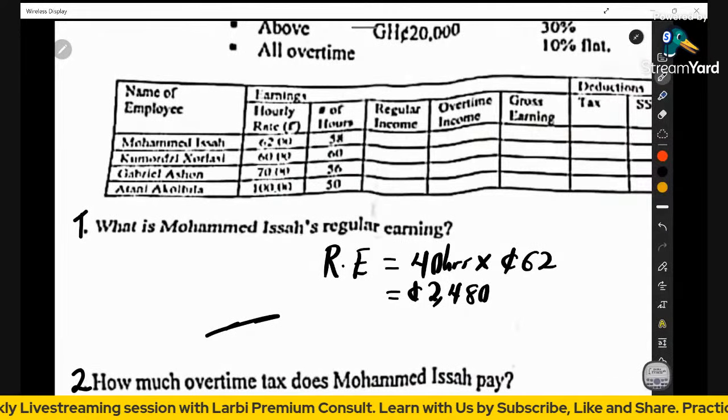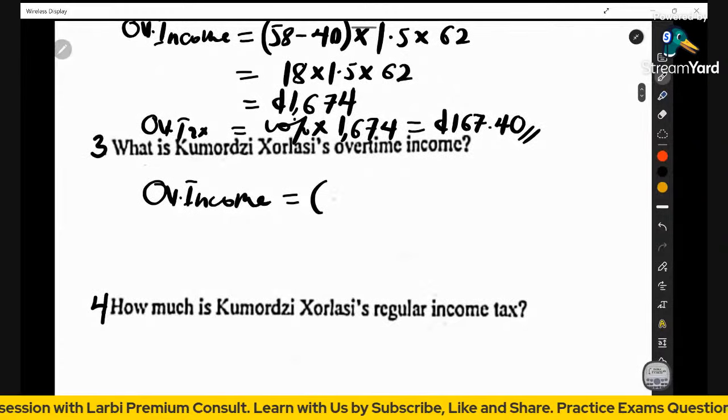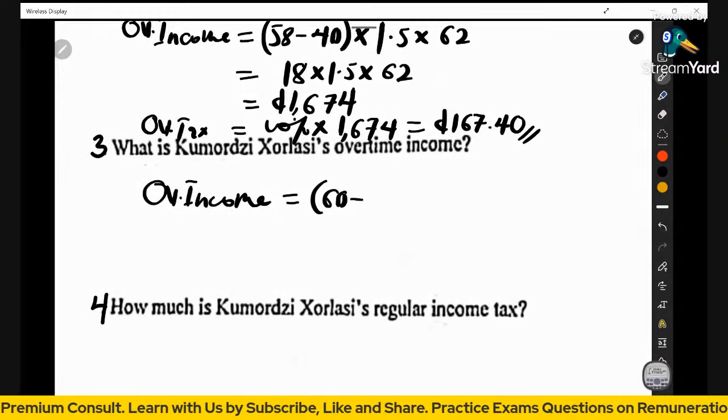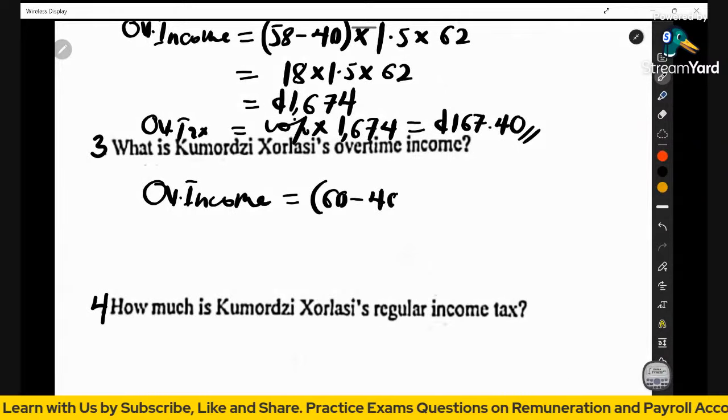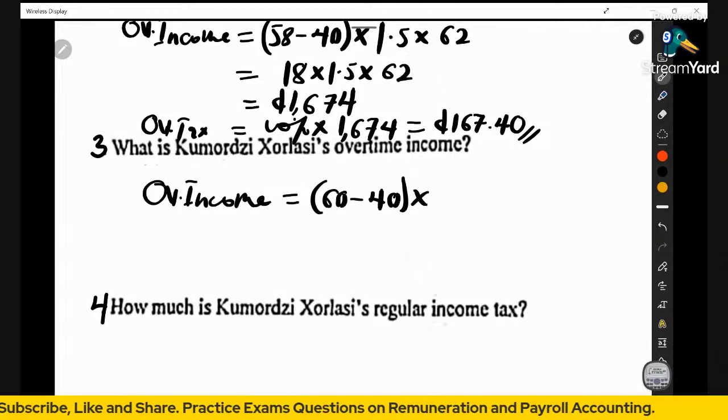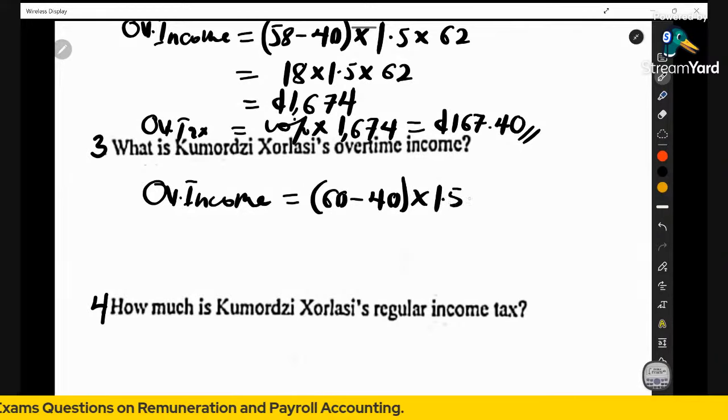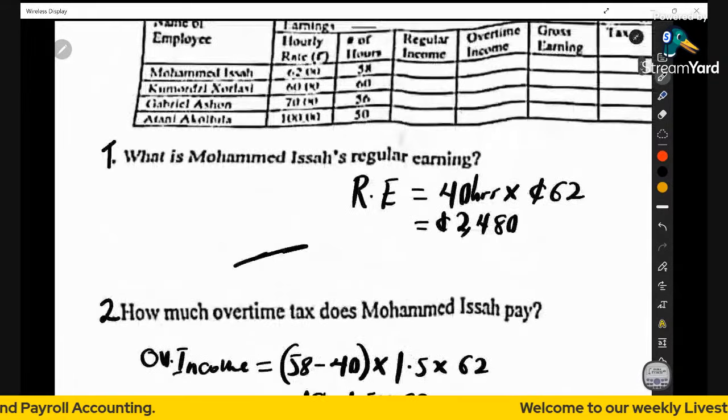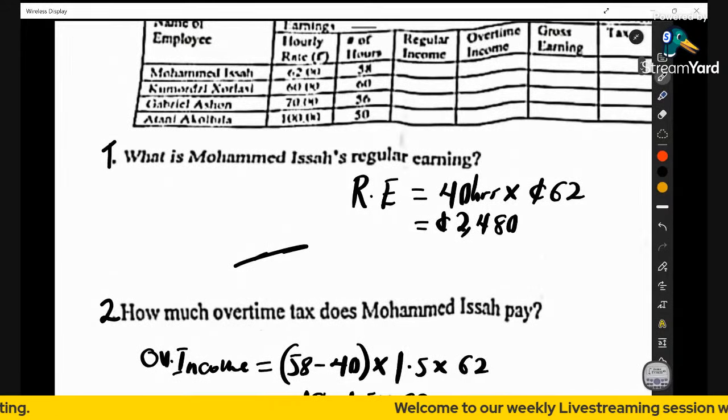So we compare the 60 hours with the benchmark of 40 hours set by the organization, and then multiply by the motivating factor, which we know is 1.5, and then multiply by the regular income or hourly rate for Zolazi, and that one was also 60.